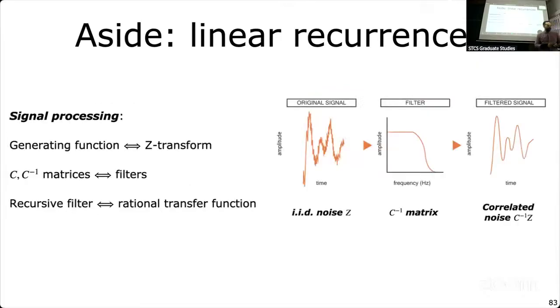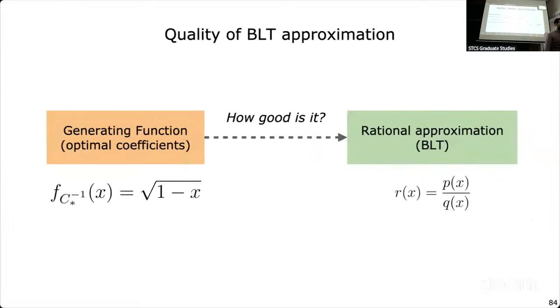For those who have more of a signal processing background, very similar things, but with different terminology, right? The generating function is a Z transform. Each of these matrices are filters. And a recursive computation of the output is the same as having a rational Z transform, right? So the ideas are basically all the same, it's just that the language is slightly different.